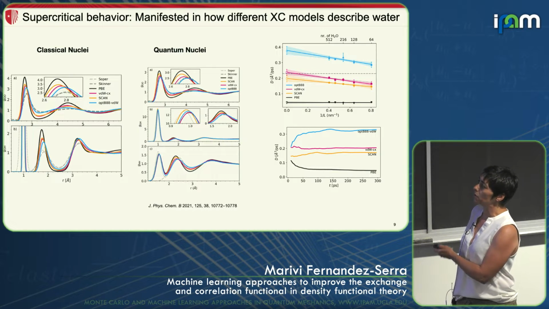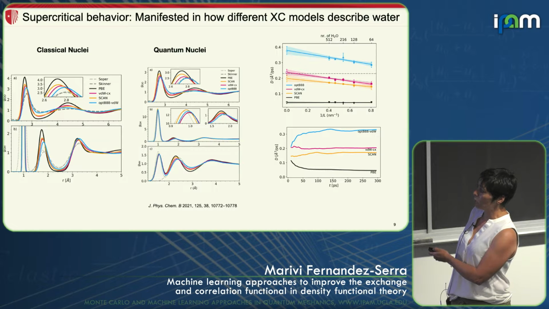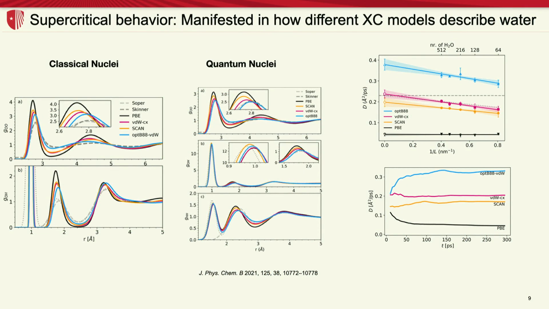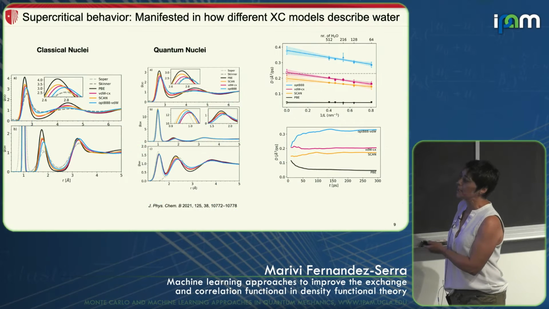And when you look at all the different exchange and correlation functional approximations, and this is, by the way, already in the so-called thermodynamic limit, they all give you a different description of both the structure and the dynamics. So it's not even clear what is the best. These are all approximations up to meta-GGA, but even hybrid functionals are not yet there at the experimental level.